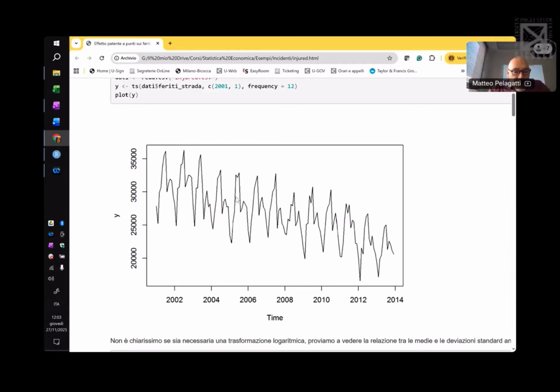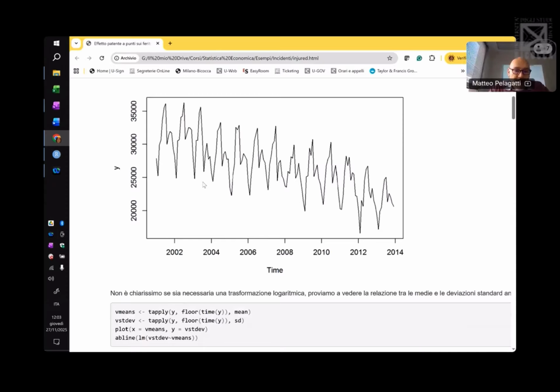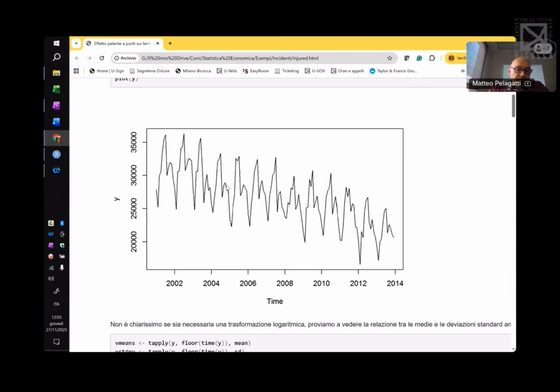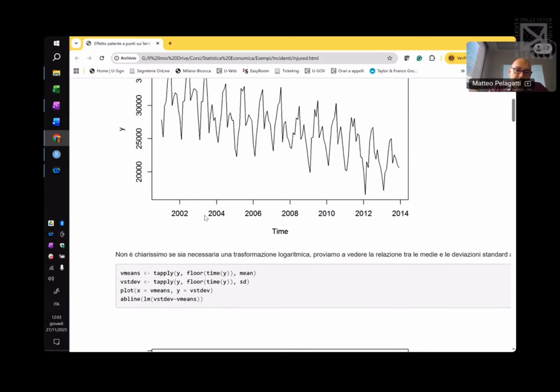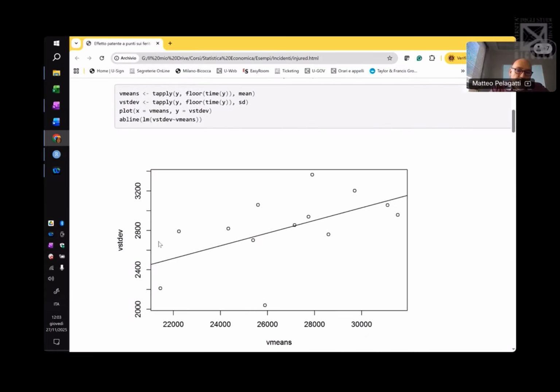And you may say, okay, how can we do that using these models? Of course, we need a model for the time series, and here it's pretty simple. It's kind of like the air passengers. I did the usual means versus standard deviations plot, and it's moderately increasing, so it means probably it's better to work on logs.